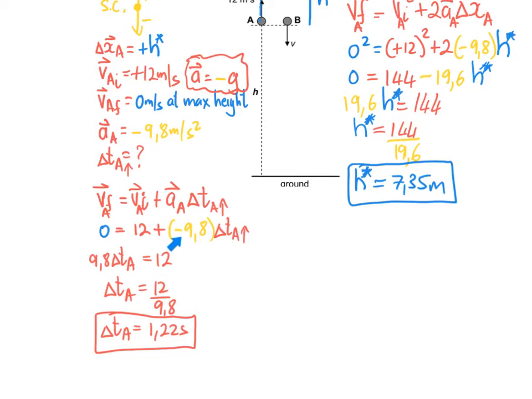Minus 9.8 delta t up we take to the left hand side, and we divide by 9.8 into 12 to solve for delta t A, which in actual fact we are looking for, delta t A in its upward motion, and 12 divided by 9.8 is 1.22 seconds.